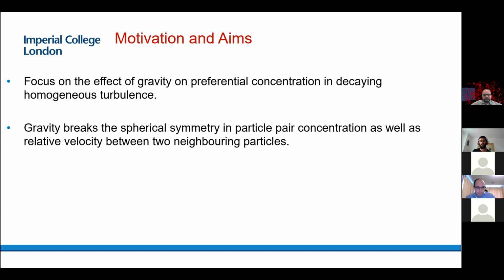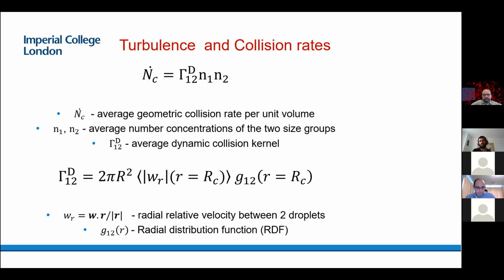the effect of gravity. So just to explain how turbulence affects the collision rates, looking at a couple of relations, the average geometric collision rate per unit volume is given by this relation. Here, gamma is defined as the average dynamic collision kernel, and N1 and N2 are the number concentrations of the two size groups of the droplets we are considering.